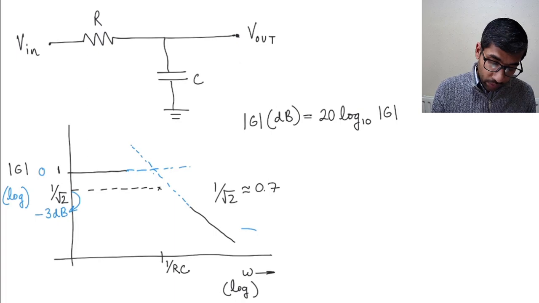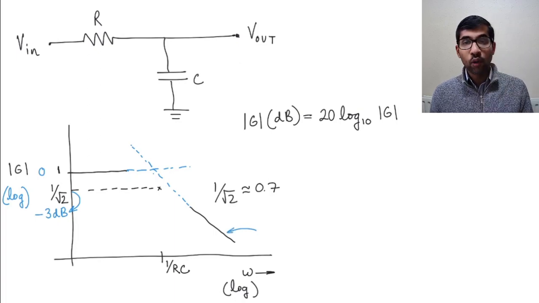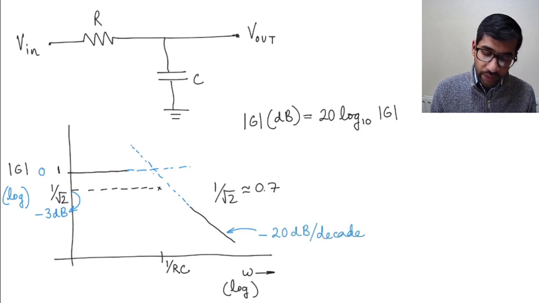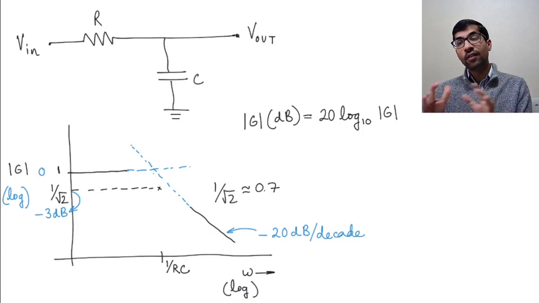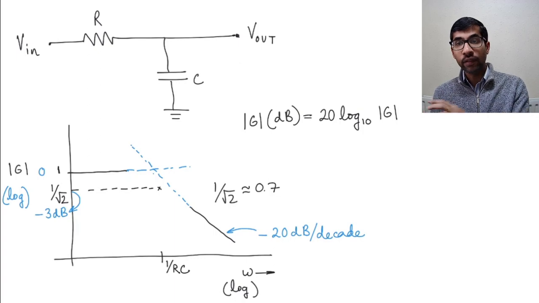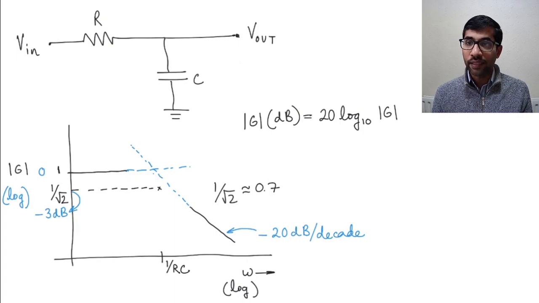You can also calculate the slope of this line, and the slope is minus 20 dB per decade. What that means is that as the frequency increases by a decade, which means the frequency becomes 10 times, the gain changes by minus 20 dB.